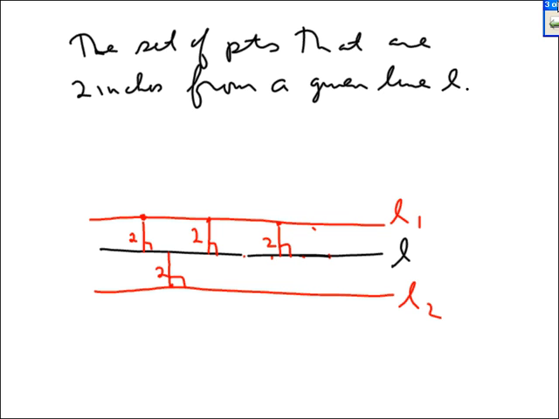The distances between line L and line L2 are also 2 inches. So the locus is the lines L1 and L2. They're parallel to line L, and they're 2 inches away, one above, one below.